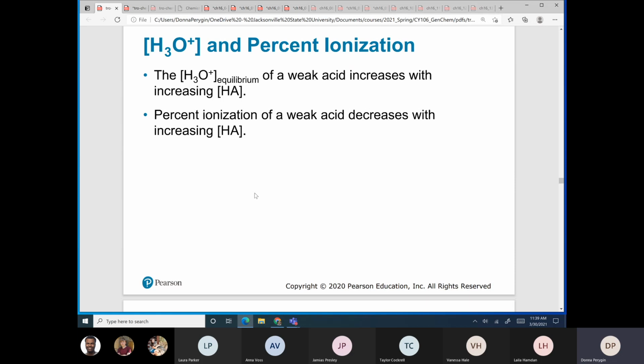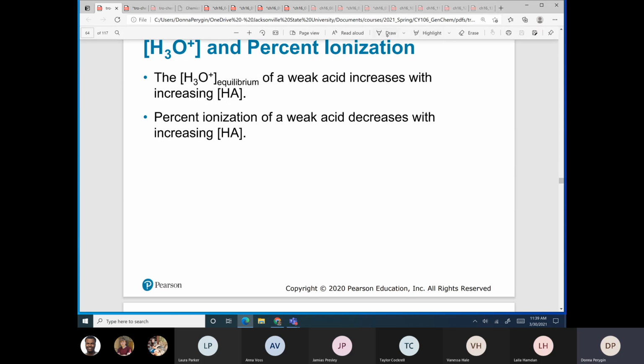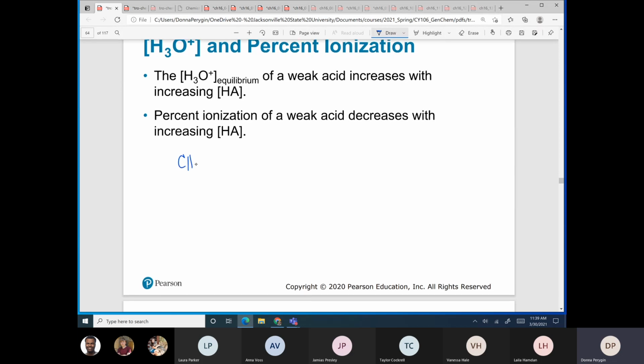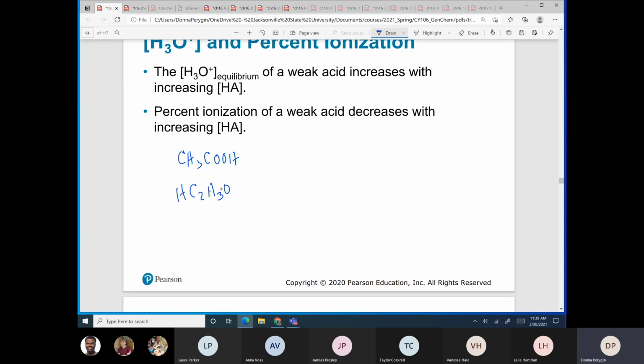Let's say that acetic acid, CH3COOH, which is the way your book draws it, HC2H3O2.